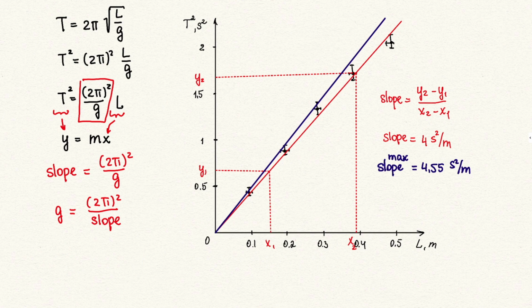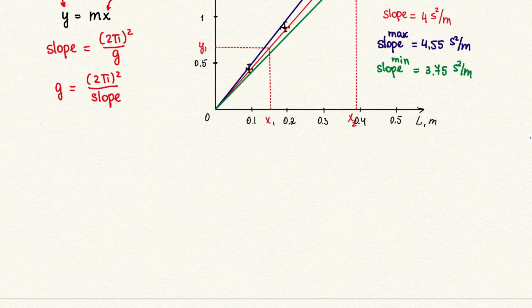And then another worst case scenario is when we have a minimum slope, which will go something like this, including the bottom line, and the slope minimum is going to be something like 3.75 seconds squared per meter.